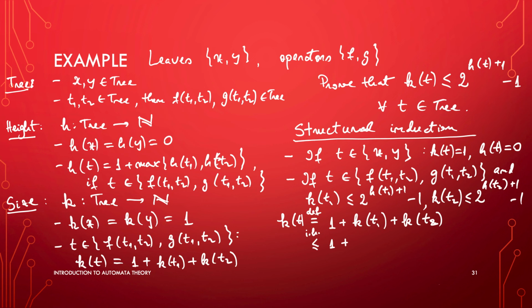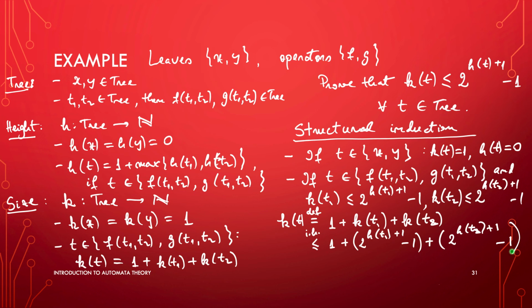So this is 1 plus 2 to the power h of T1 plus 1, minus 1, plus 2 to the power h of T2 plus 1, minus 1.